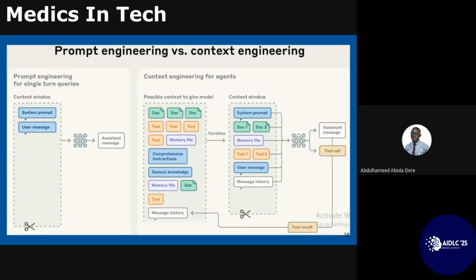So finally, I wanted to talk a little bit about prompt engineering and context engineering. This is a little bit advanced, but for those of us who are really interested in the coding and engineering aspect of things, there's a lot of discussion moving now from prompt engineering to context engineering, right? In prompt engineering, you simply have your prompt and then you have the user message.